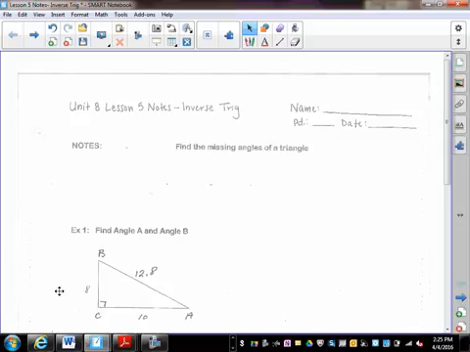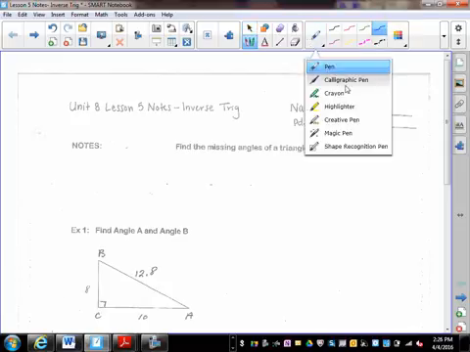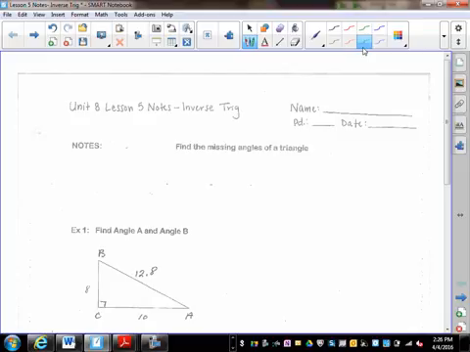Okay, so let's first start off reviewing what sine, cosine, and tangent are. So we have sine of x, we said, is opposite over hypotenuse. Cosine of x equals adjacent over hypotenuse.